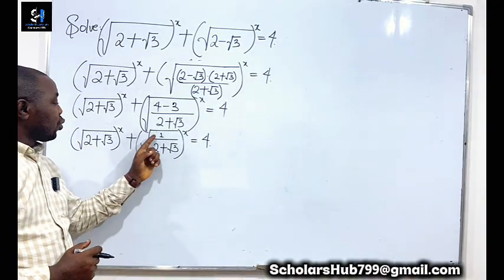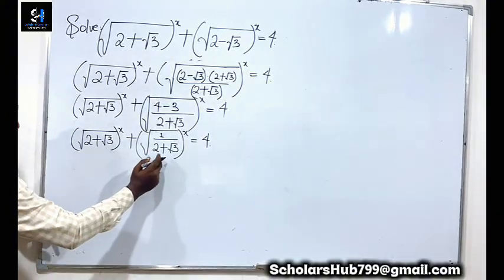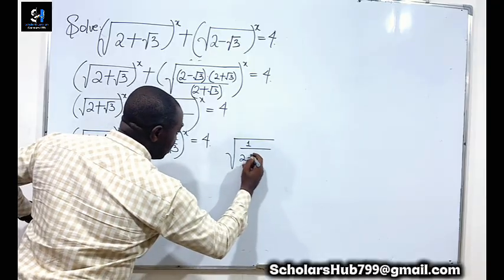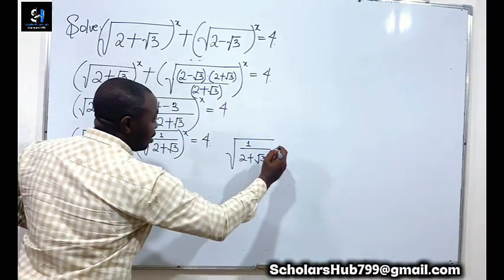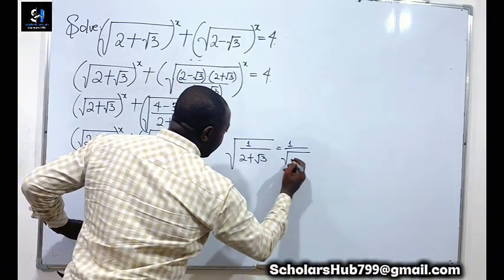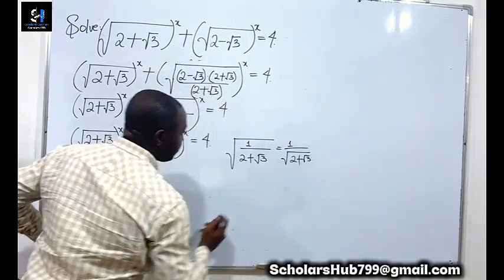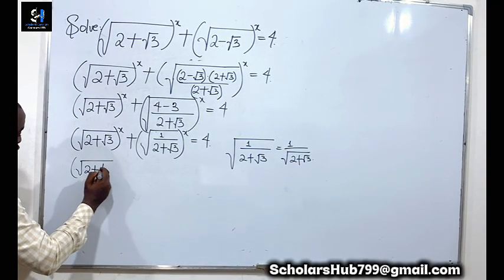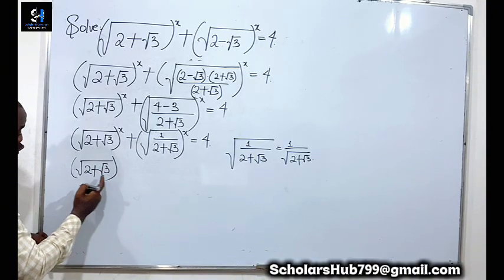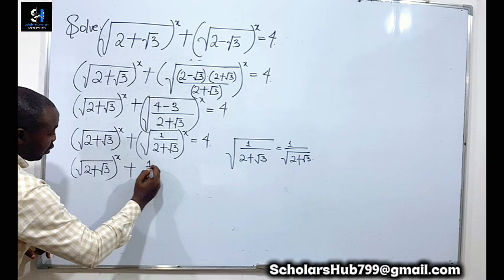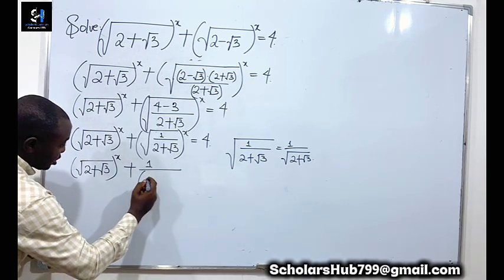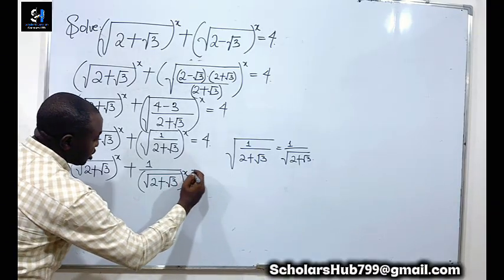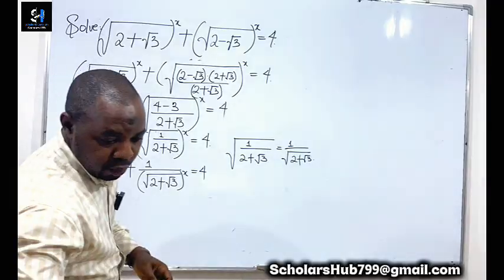The square root of 1 is 1, so this is the same as 1 over radical 2 plus root 3. So I'll write this again: radical 2 plus root 3 raised to the power of x plus 1 over radical 2 plus root 3 raised to the power of x equals 4.